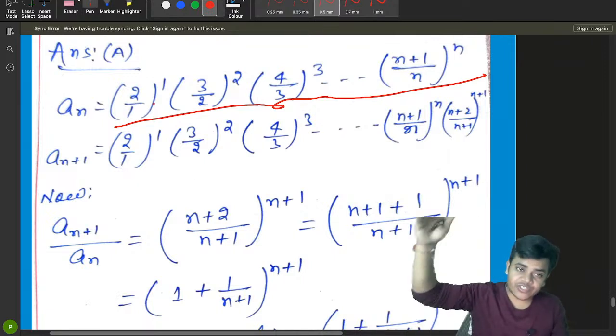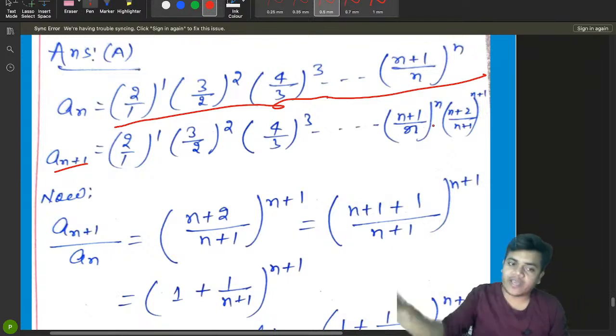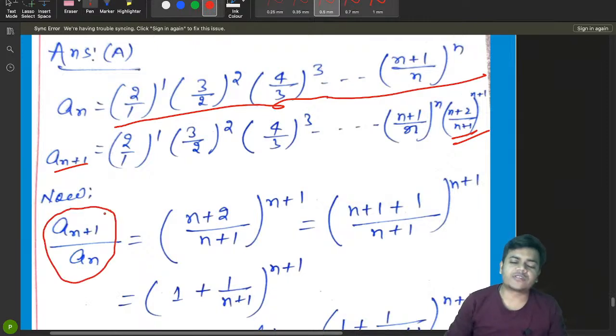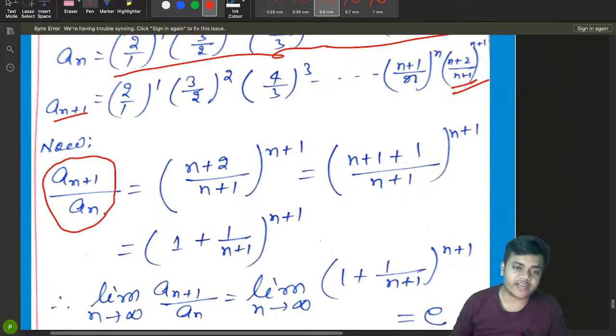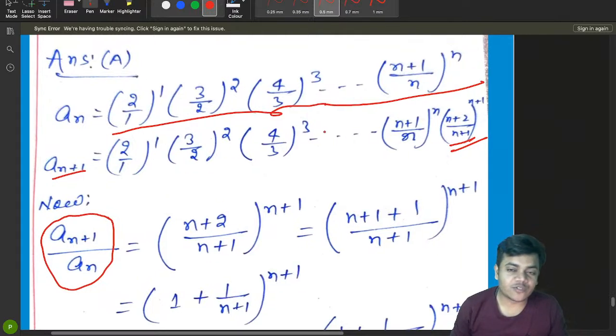Now we are interested in the ratio, and that's why a_(n+1): 2 over 1 raised to the power 1, 3 over 2 raised to the power 2, 4 over 3, and we will go one step ahead for a_(n+1). We are interested in the ratio because we have to use the statement of Cauchy's second theorem, and that's why a_(n+1) over a_n. Every term will be cancelled except the last term, isn't it?